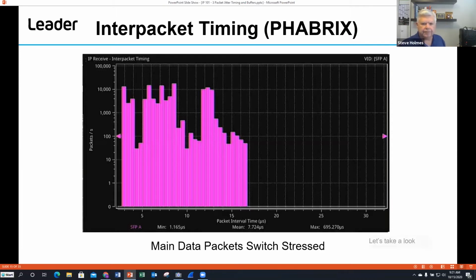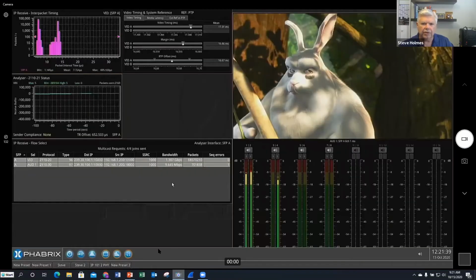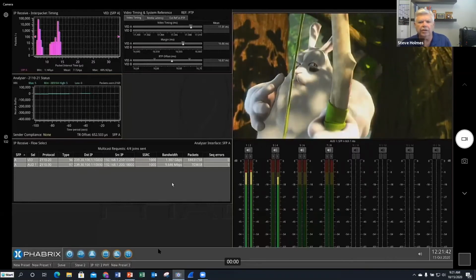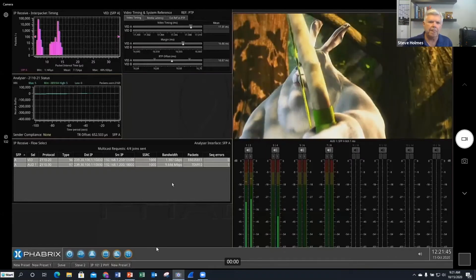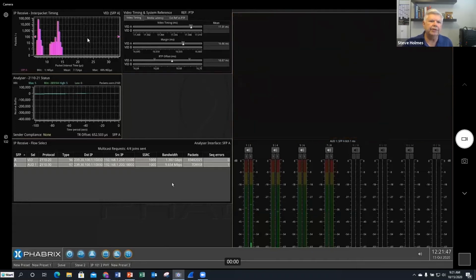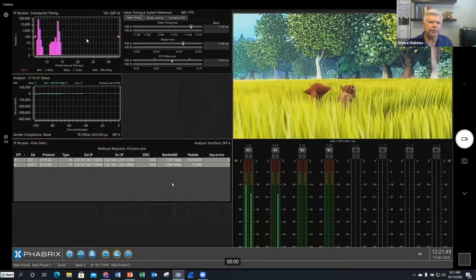So if we look at the Salvidge QX, up on the top is the jitter.